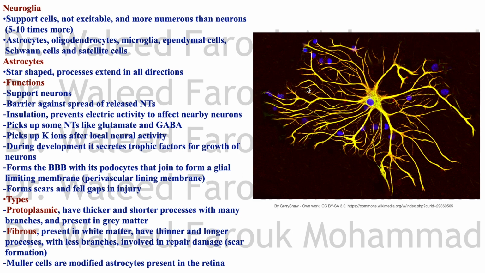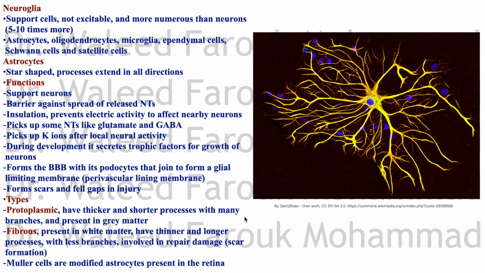Types of astrocytes, according to their location: the ones present in the gray matter are called protoplasmic. They have thicker and shorter processes with many branches. The ones present in the white matter are called fibrous astrocytes, and they have thinner and longer processes with fewer branches, involved in repair and damage of the nervous tissue to form a scar.